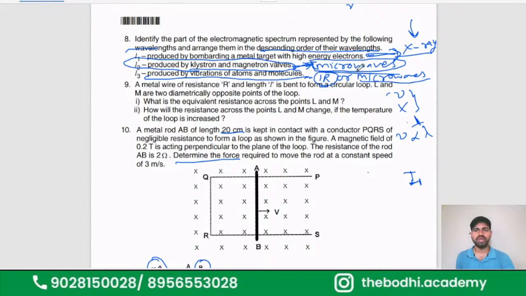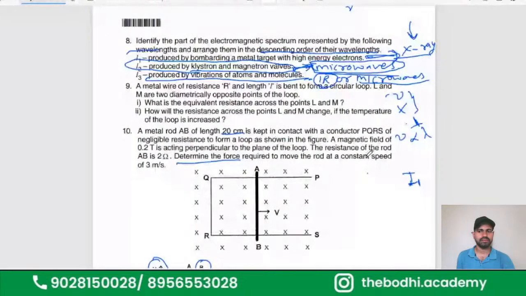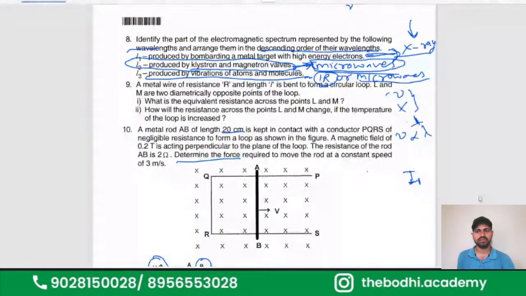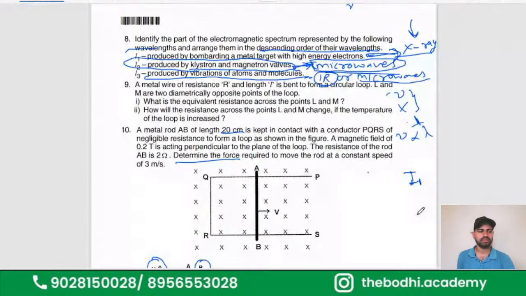Last. Then we have microwave and IR. So how to write? Which one will be greatest, microwave or IR? Just answer someone. Which has the higher wavelength, IR or microwave? I'm waiting.